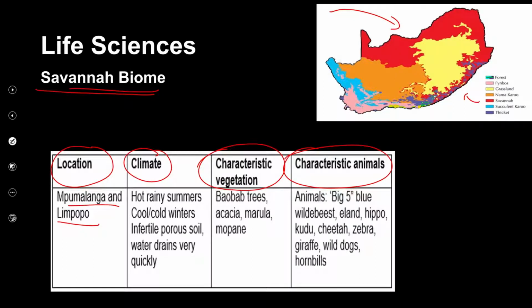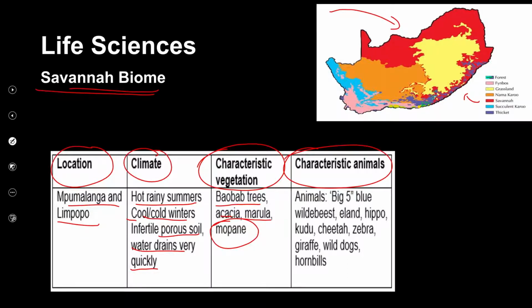They are defined by hot, rainy summers. They have extremely cold or cooler winters. The soil is infertile and porous, and water drains very quickly through them. The vegetation in these areas is characterized by baobab trees, acacia trees, and your marula. We also typically find mopane worms in these trees.